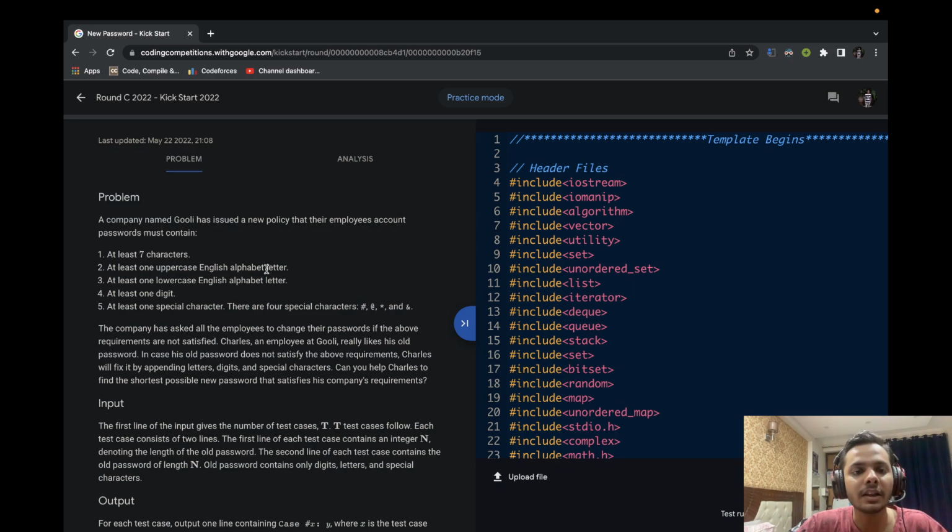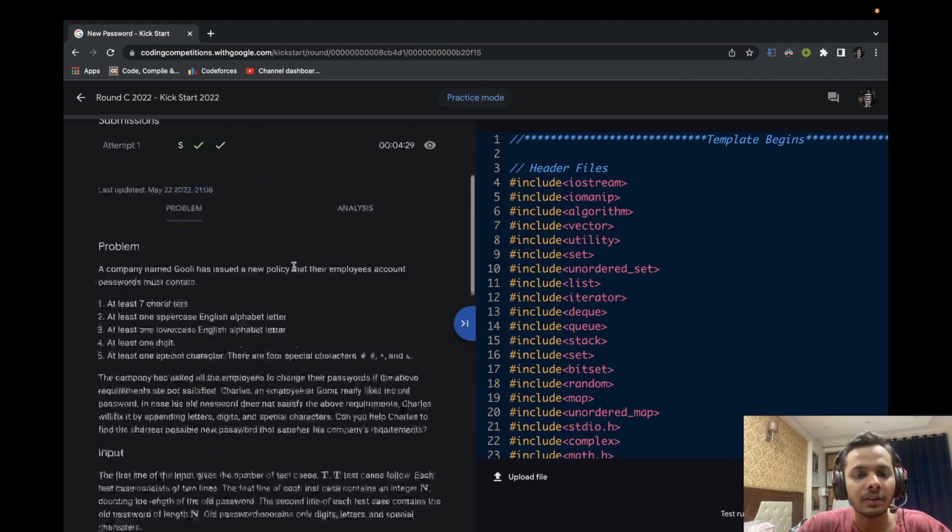If these conditions are not fulfilled, then if there is no uppercase letter we just add an uppercase letter. If there is no lowercase letter, we just add a lowercase letter, similarly for a digit and similarly for a special character. And once we are done with all of that, we check if the length of the string is at least 7 or not. If it's not, then we keep adding some arbitrary character until the length becomes 7, right? And that will give us the valid solution.